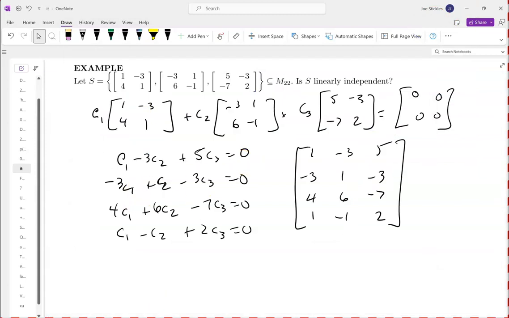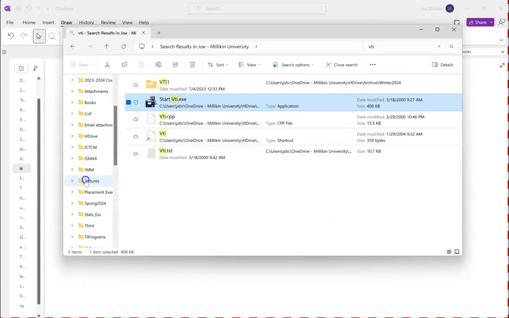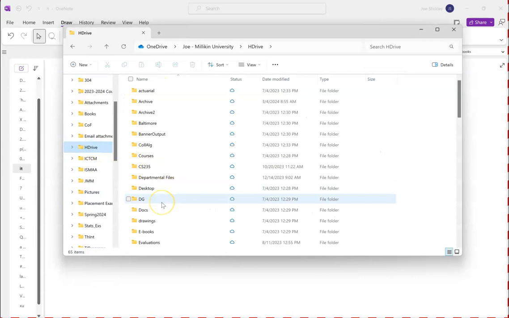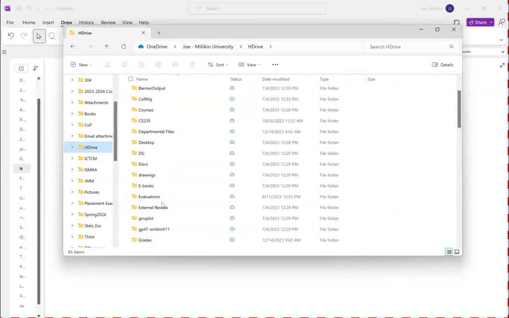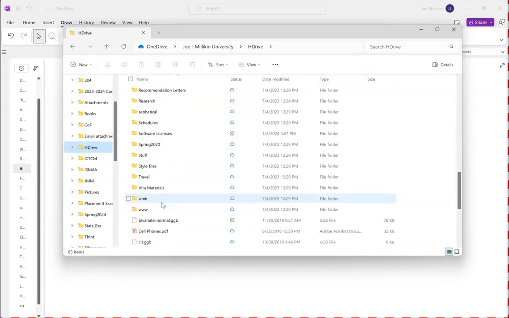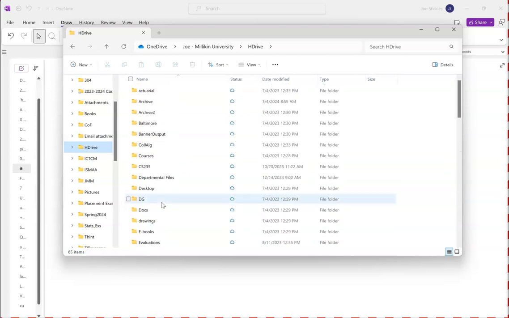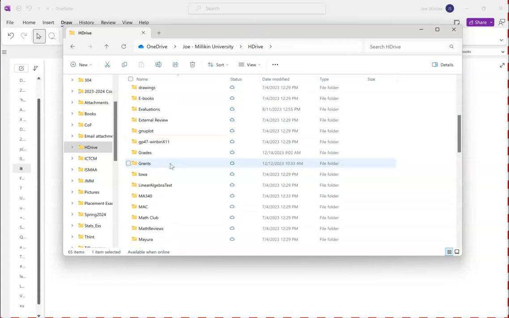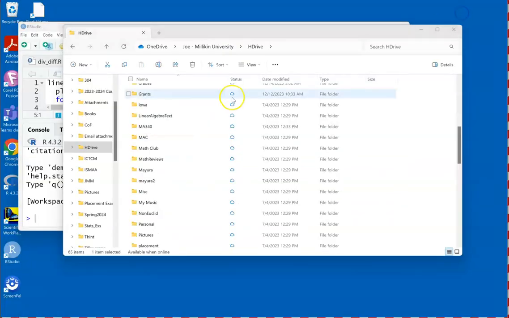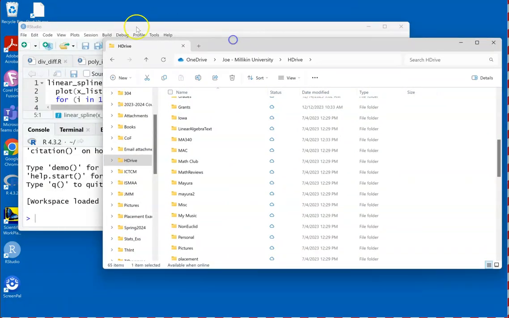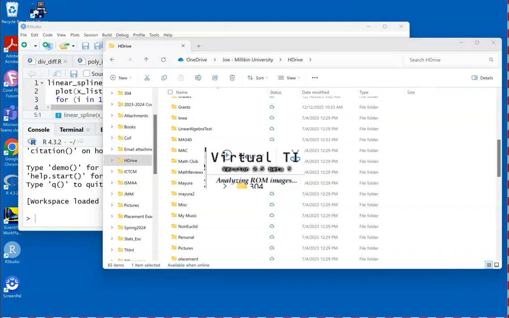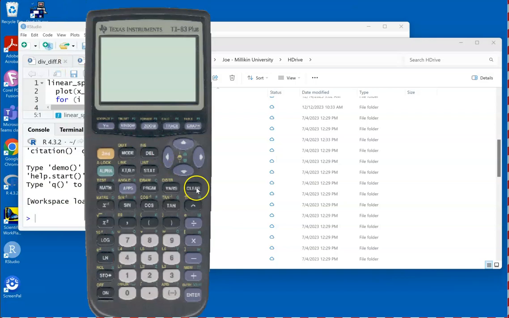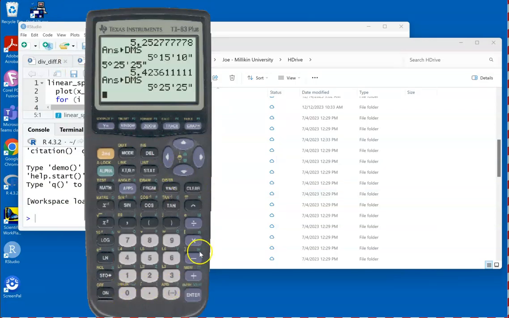It worked the other day. Oops, not there. I should have looked to see where it was. I put a link on the desktop. Yeah, I did. Here it is. Guess I should have looked there first. Sorry about that. All right.